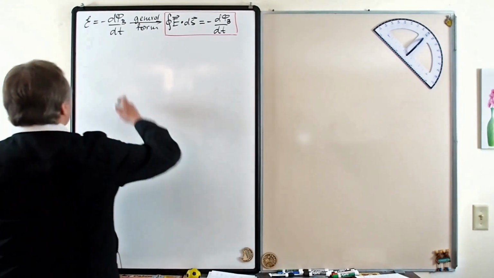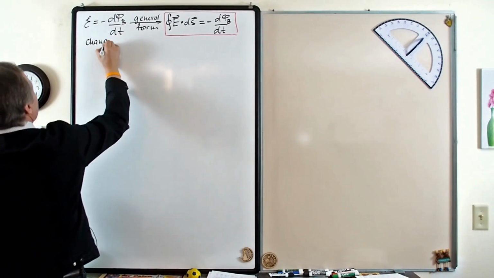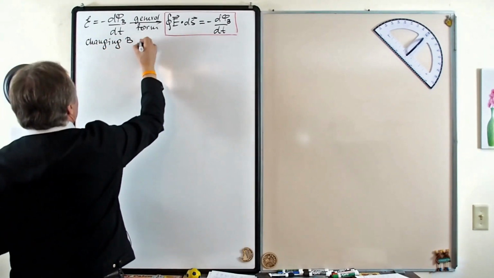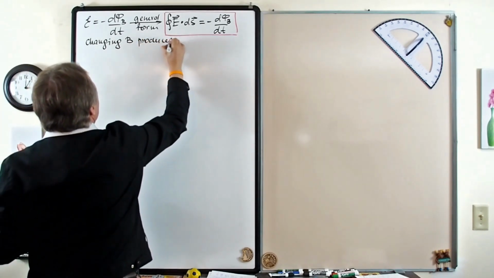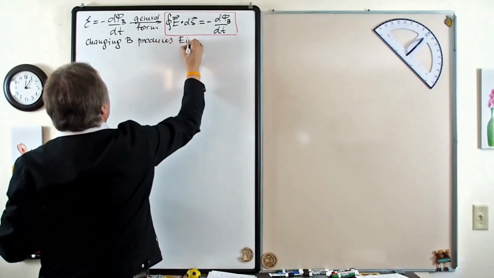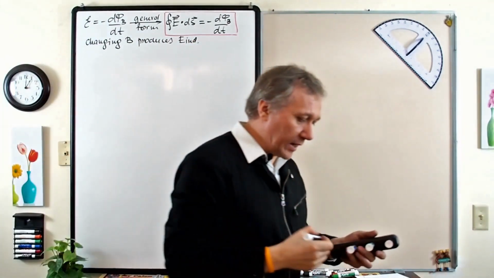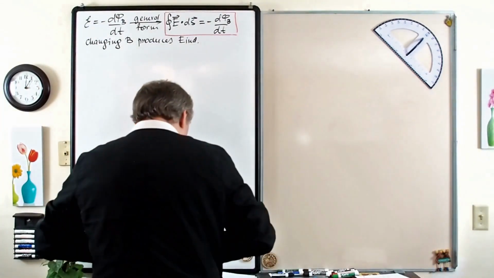So let me write that: changing in time B produces induced electric field. So now you see electric field can be produced by magnetic field. It's something which is very, very important.